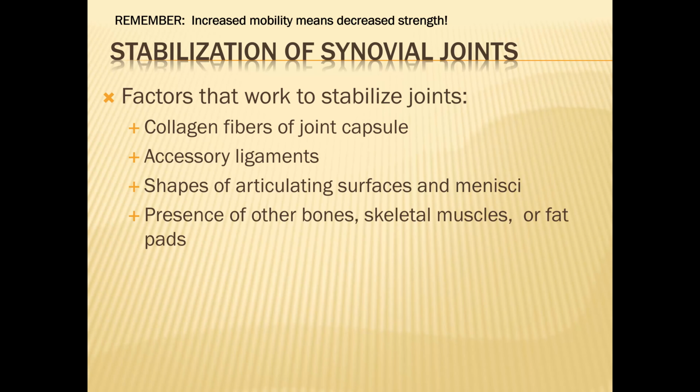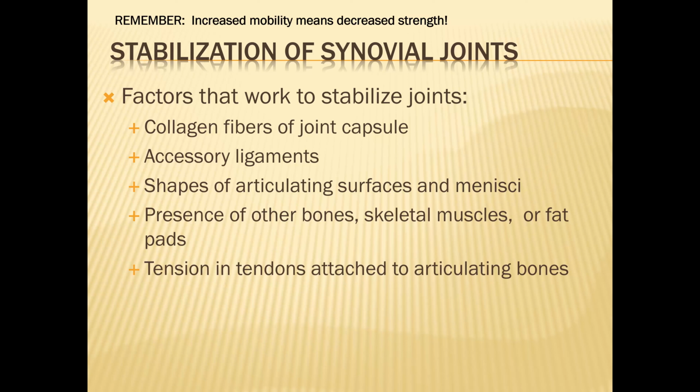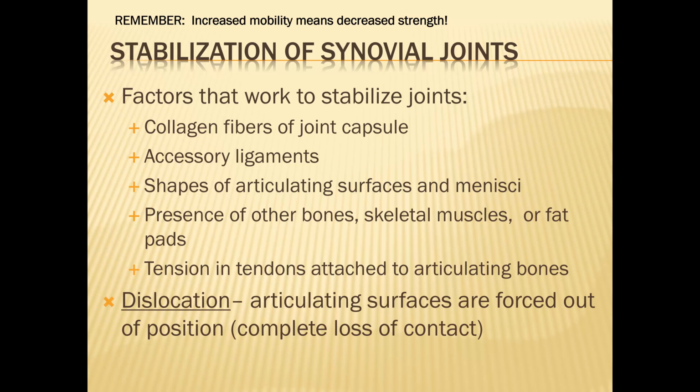The presence of other bones, skeletal muscles, or fat pads can, again, think of these as ways to keep the joint from moving out of position or moving too far in one direction or another. Also, the tension in tendons that are attached to the bones that are articulating at that joint.